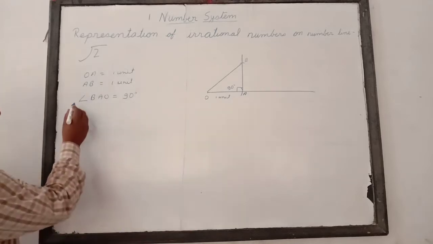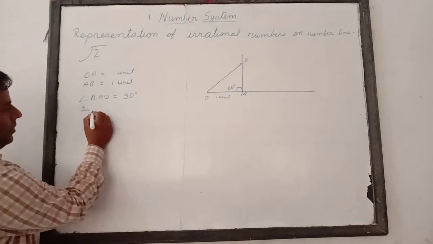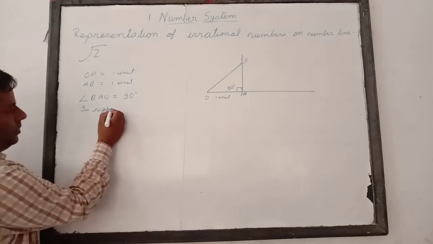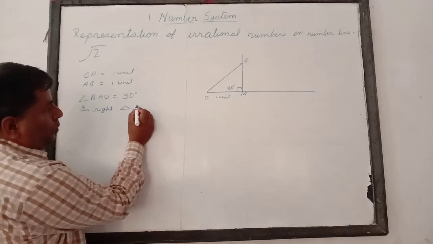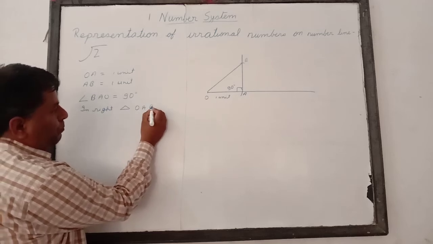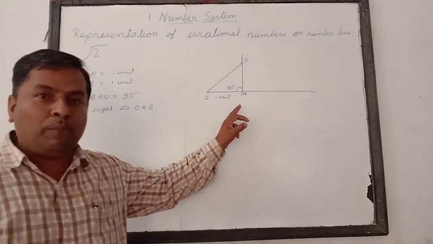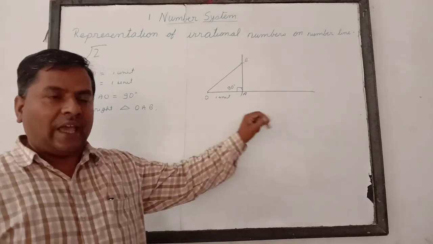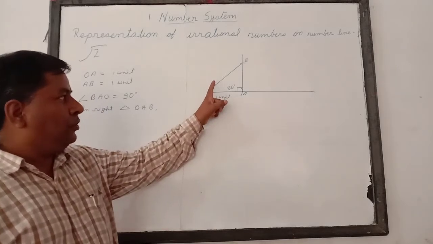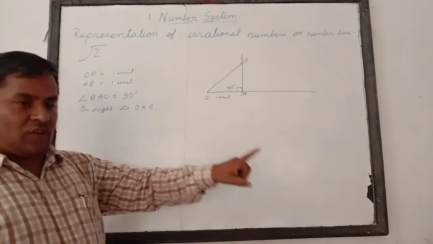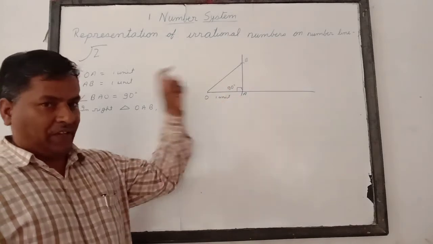Now we get a right triangle OAB. We all know that in a right angle triangle we can apply the Pythagoras theorem, and the Pythagoras theorem states that the square of the hypotenuse is equal to the sum of the squares of the perpendicular and base.